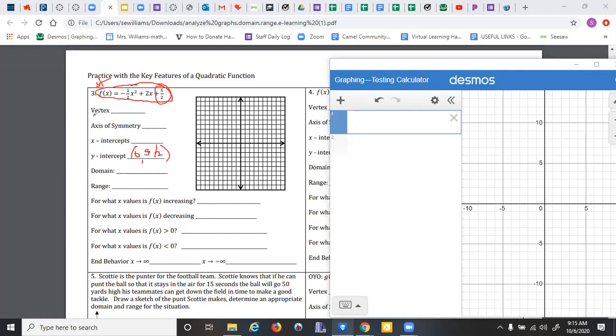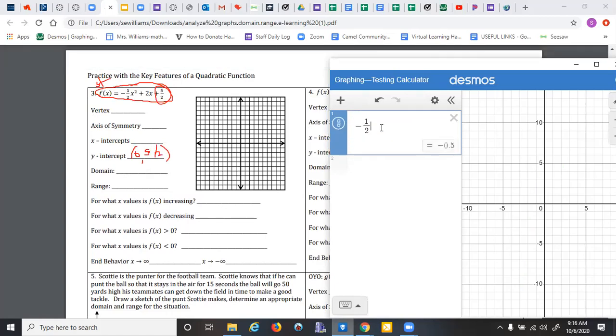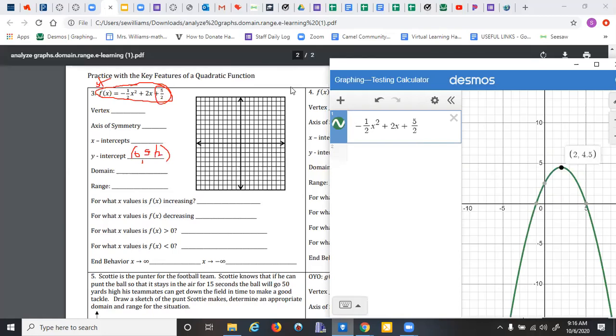How can I find the vertex, axis of symmetry, x-intercepts, domain, and range? Desmos. Desmos, -1/2 x squared plus 2x plus 5 over 2. All right, so my vertex is 2, 4.5.